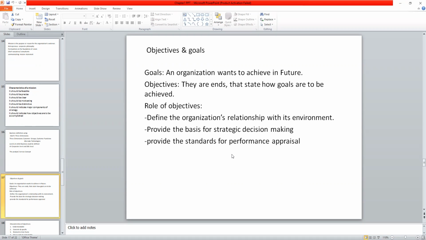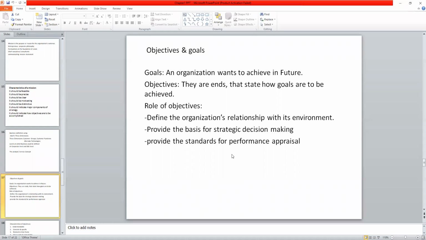Suppose they are not able to meet the objectives, then they can think about the reasons for not meeting those objectives. What happened? Why is there a gap? Whether there are any external factors. Those external factors may be the customers who might not have liked the offering.